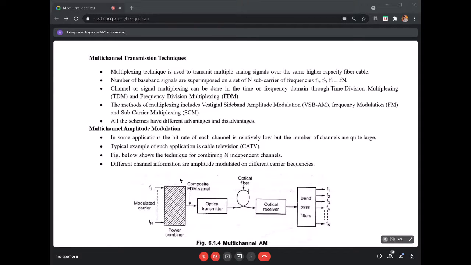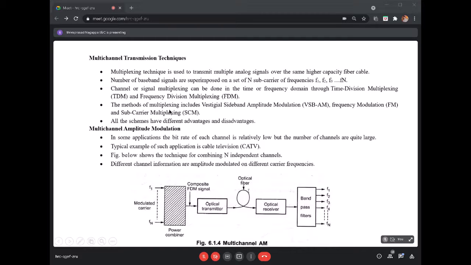If you are using a smart TV, you take a fiber optic cable and connect it, and the signal you get is converted again. In the same way, here it will be multiplexed and demultiplexed. One example is cable TV, where you change different channels, right? All these methods have their own advantages and disadvantages.